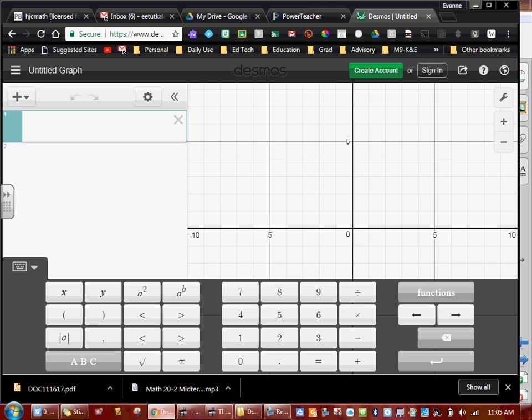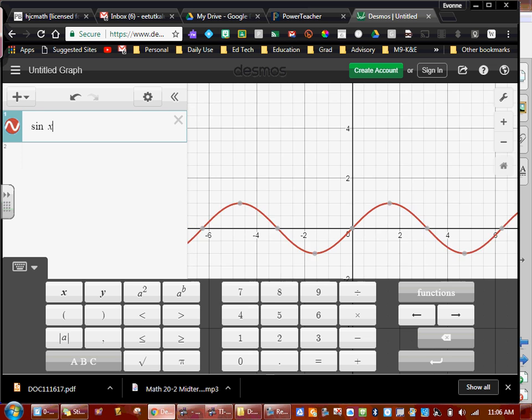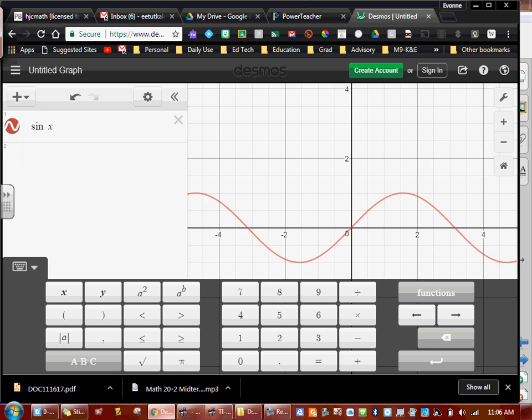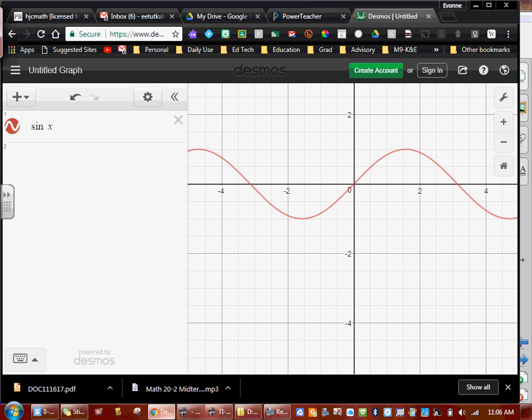We're going to compare everything to the graph sine of x. Okay? So right now, when I type in sine x, we're going to see exactly what's going on here. I'm going to zoom in a little bit more so we can see what's going on. Okay? Now, if I want to enter another equation, because we're going to compare everything to this red graph.